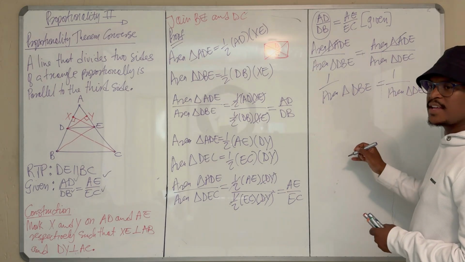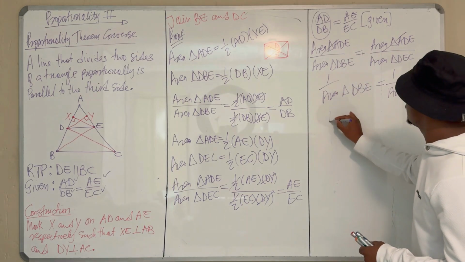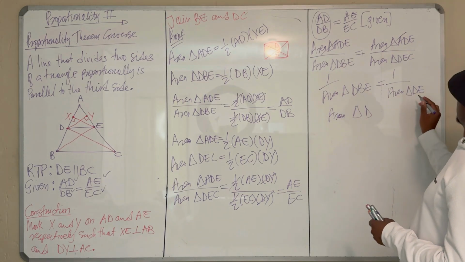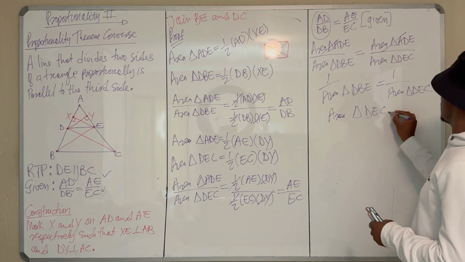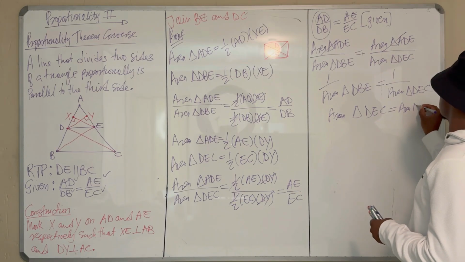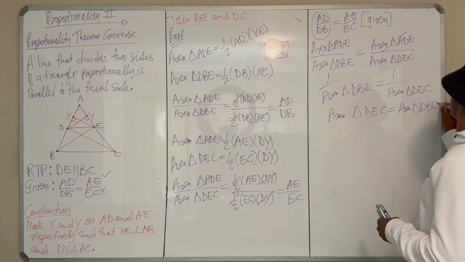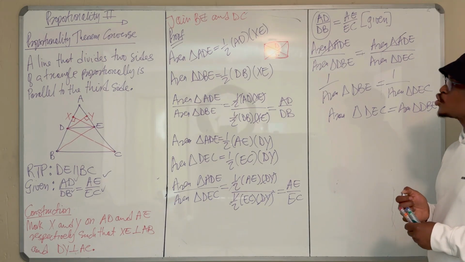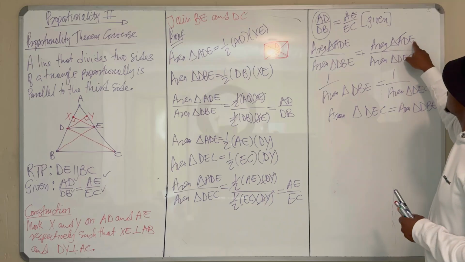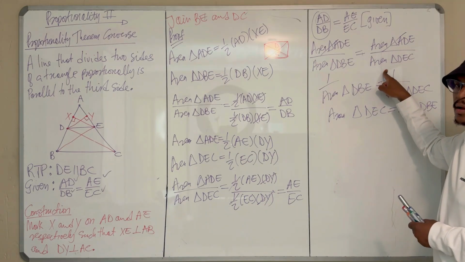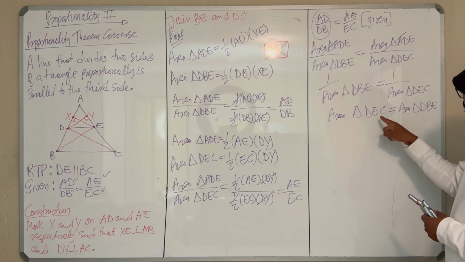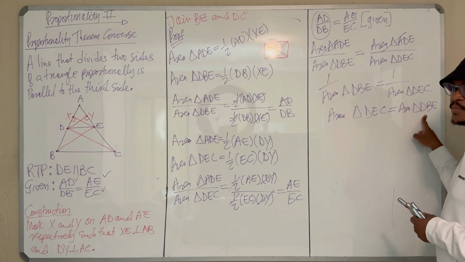Then you can cross multiply, so the area of triangle DEC equals the area of triangle DBE. I'm not sure if that makes sense. If this is the same as that, even the bottom should be equal. So now what we've just covered is that the area of DEC is equal to the area of DBE.